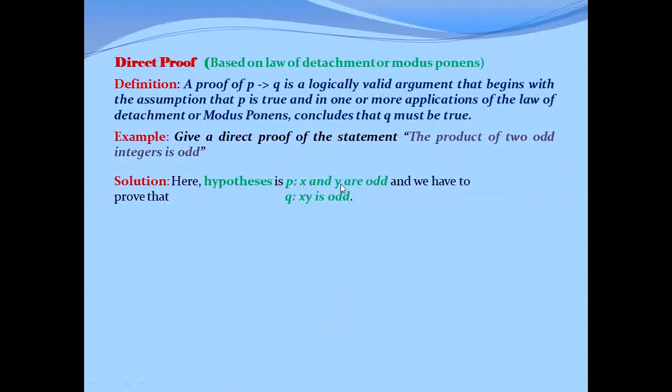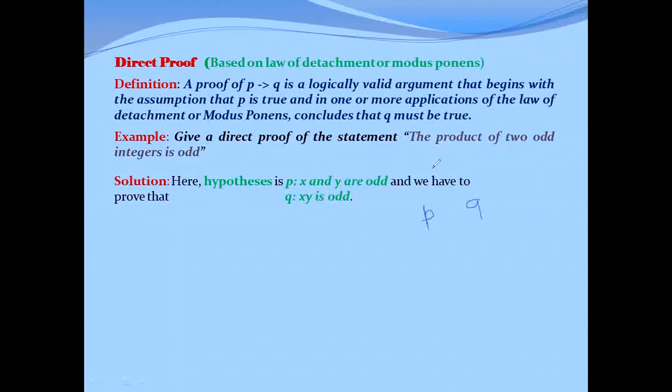So P is our hypothesis, and we have to prove Q, where Q is the proposition that xy is odd. So two propositions are given, P and Q, where P shows x and y are odd, and Q shows the product of x and y is odd.